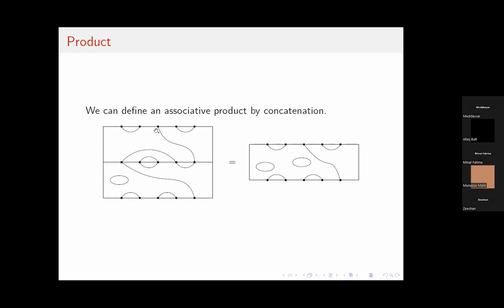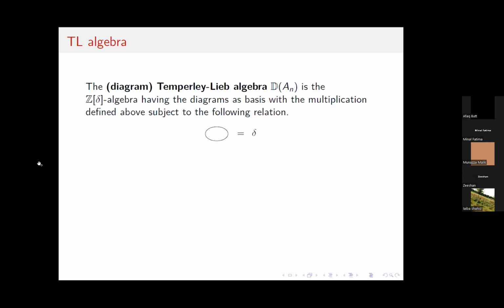So you see that if I join this long edge, you obtain this edge that connects the third node of the north face to the fifth node on the south face. Also from here, we obtain a closed loop. So in the new diagram, we have two closed loops. And if we introduce this relation, this one which is in this slide, what does it mean?